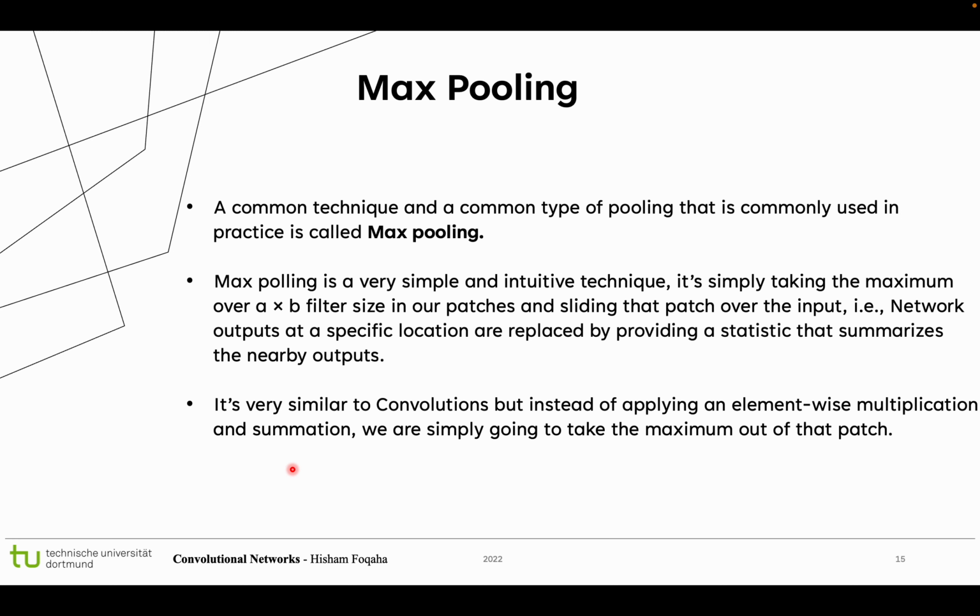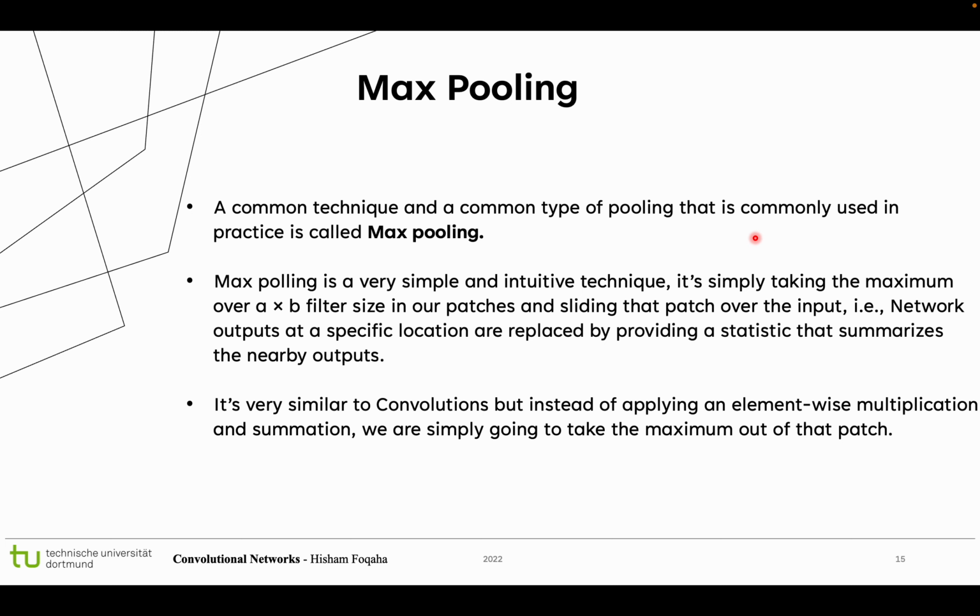One common technique of pooling, very widely used in practice, is called max pooling. What is max pooling? Max pooling is a very simple and intuitive technique. It simply takes the maximum over an a by b filter, and then we slide that filter over the input, to the first input, to the second input, to the third input, like what we did in the convolution.